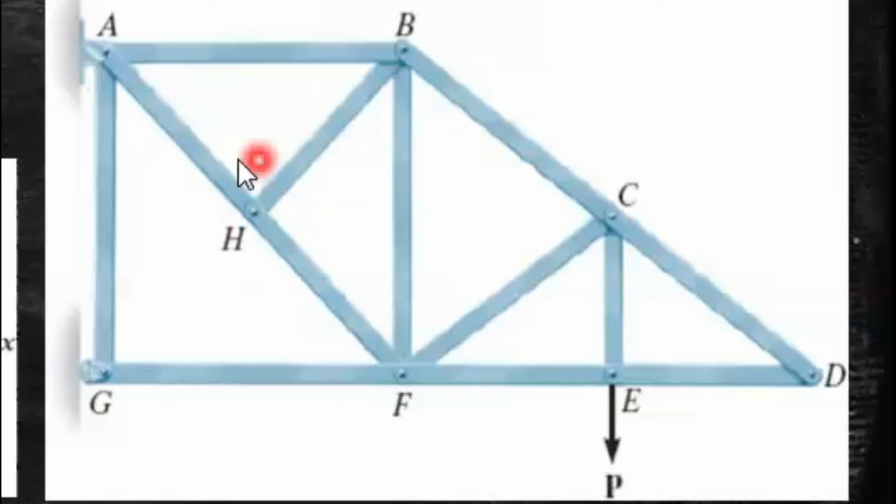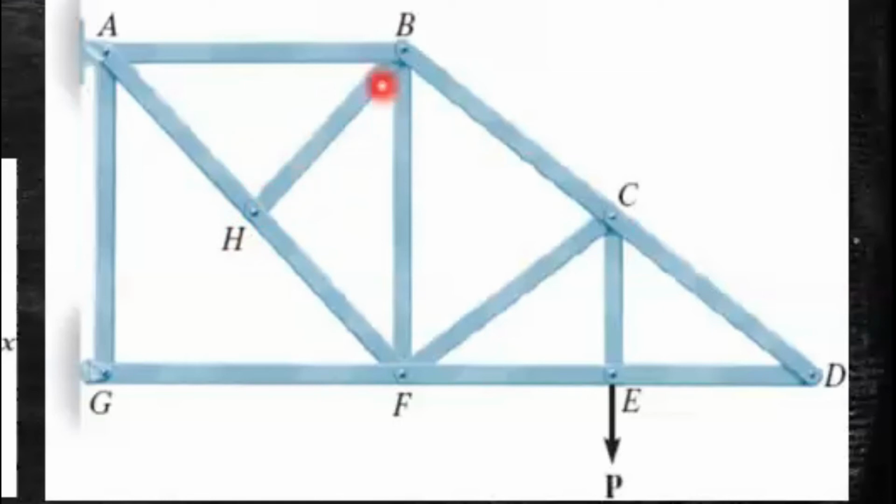So if we apply the equilibrium equation, that is sum of all the vertical forces equals to 0, taking the direction of BH as the vertical, then what will happen? We can easily see that there are no other forces in the vertical direction.